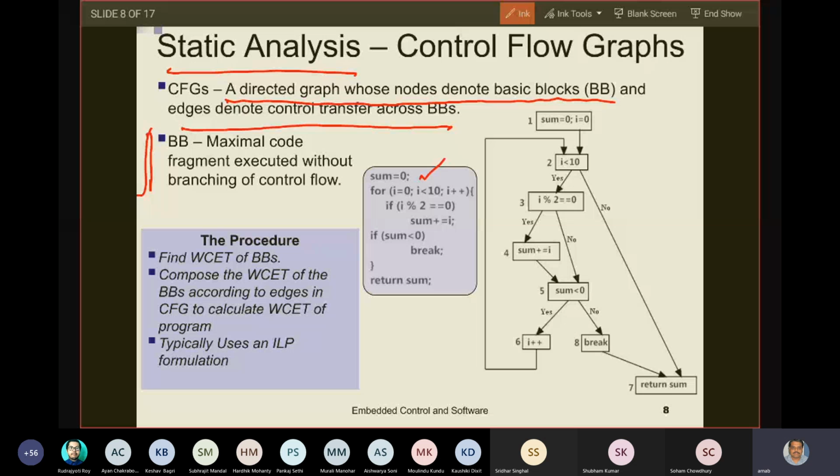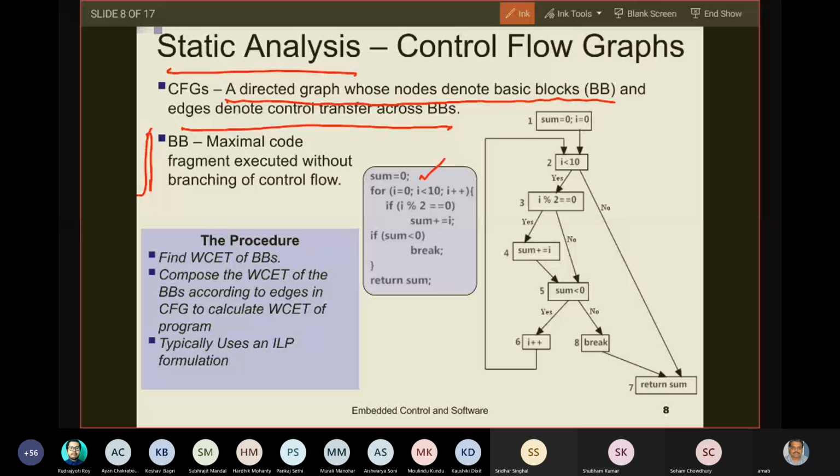If sum is less than 0, you return. So this is the simple set of instructions in this program. How do I determine the basic blocks? See that the first statement is the beginning of a basic block. So sum equals 0 is a basic block. The next instruction, i equals 0, part of the for loop, is also part of the first basic block.